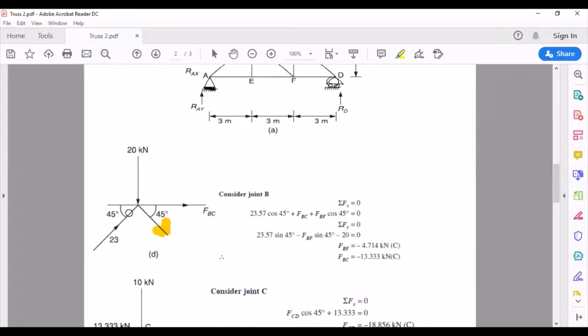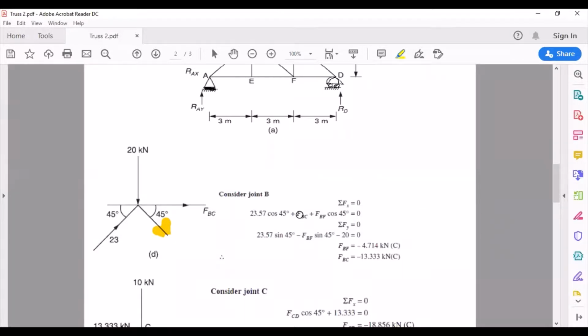In this you have 1, 2, 3, 4 forces, in which one is horizontal, one is vertical, two are inclined. Resolve those two forces, you will get 2 horizontal, 2 vertical. So in total you have 3 vertical, 3 horizontal. So sigma Fx is equal to 0. FBC is positive because it is moving to the right.